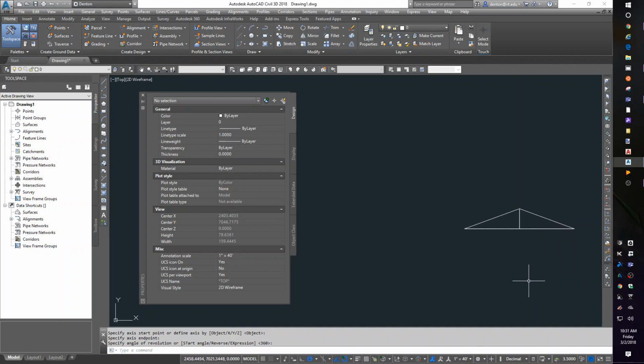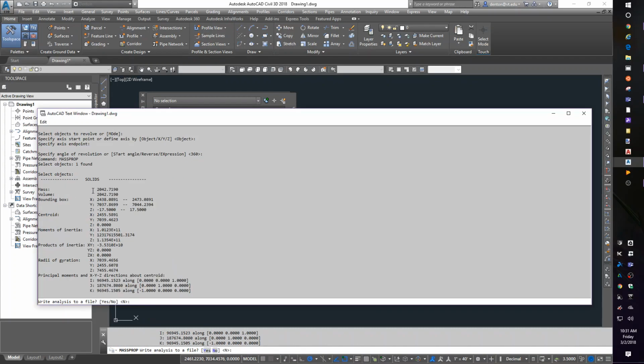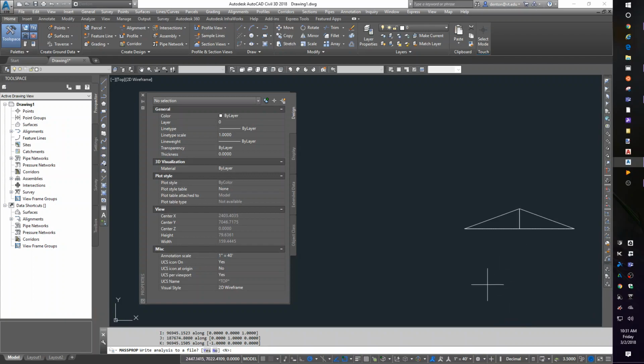Now that is a 360 degree object with a mass property, MASSPROP, and I get a volume. So I know I have 2,042 cubic feet in that object. Okay, let me erase that.